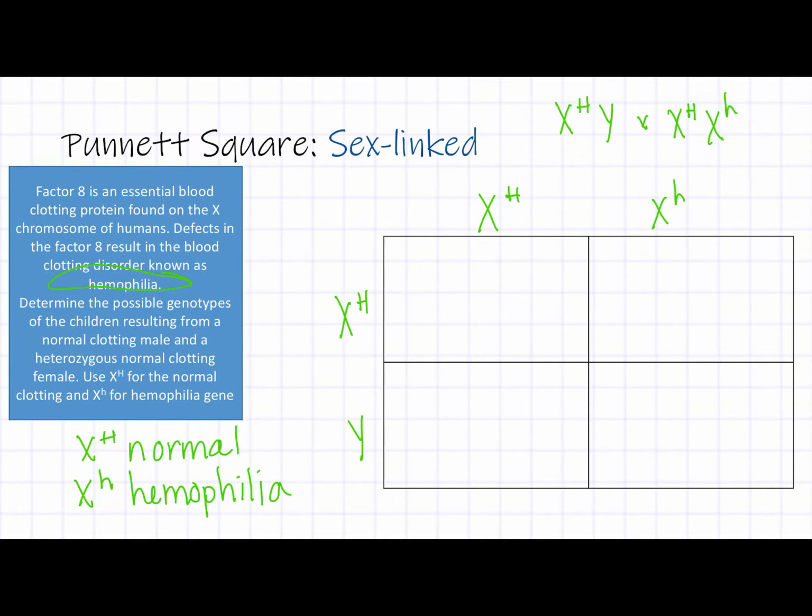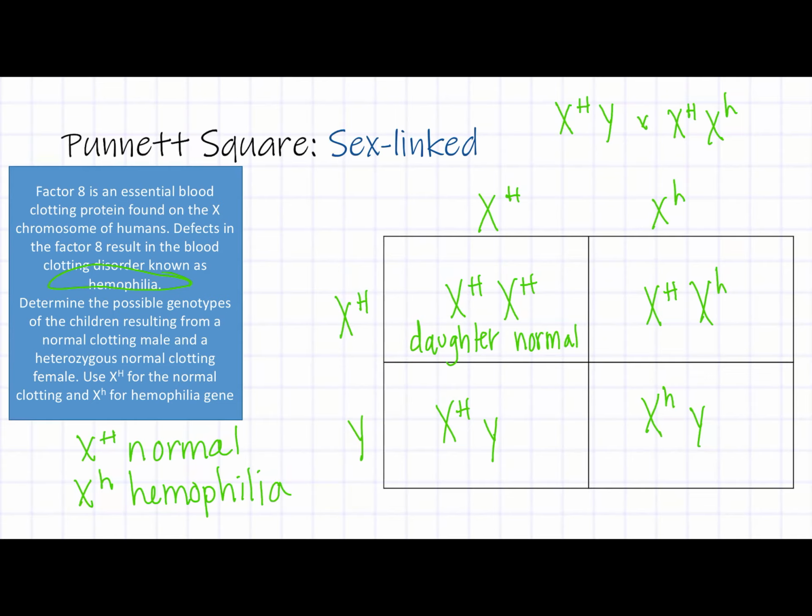So let's see what offspring we have. Okay, so they have a 25% chance of having a daughter who's a normal clotter.